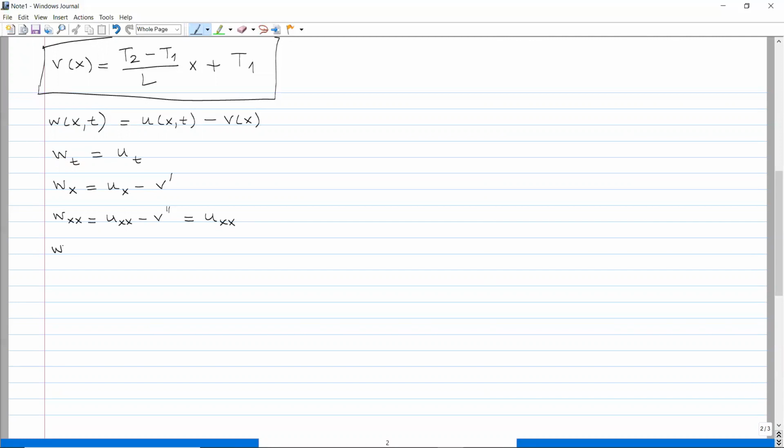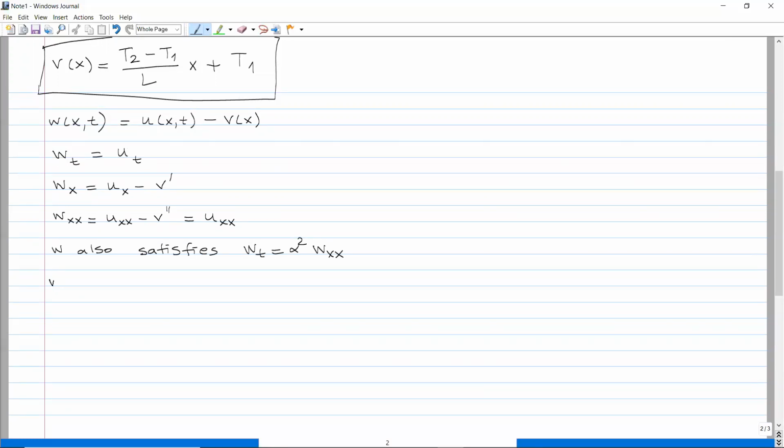So w also satisfies w_t equals alpha squared w_xx. U satisfies this equation, and since the relevant derivatives of w are the same as the derivatives of u, w also satisfies this equation.